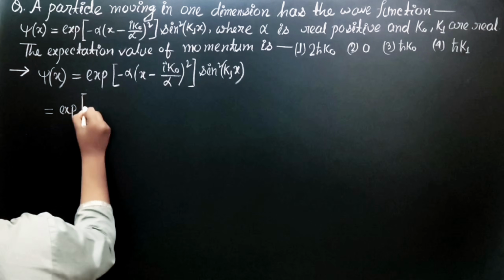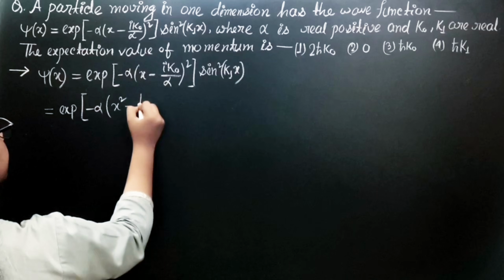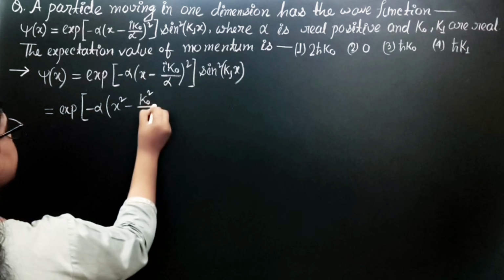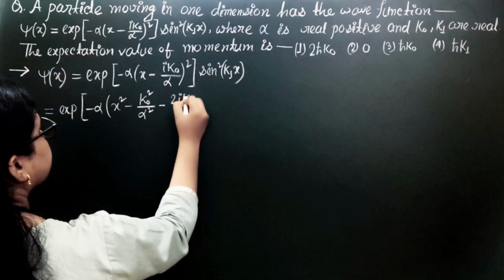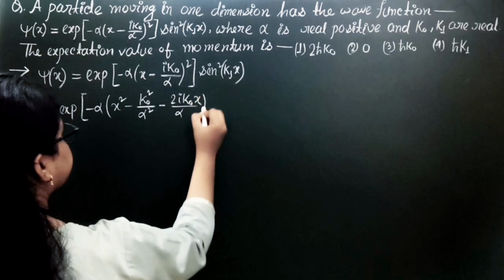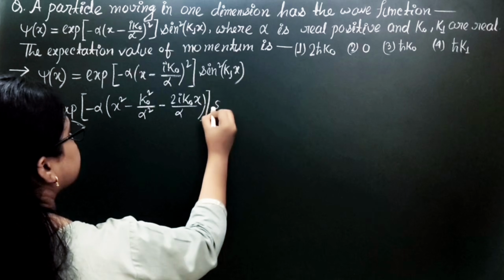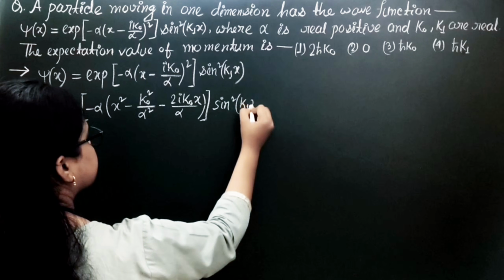Exponential minus alpha, that is x square minus k naught square by alpha square minus 2i k naught x by alpha, and sine square k1 x.